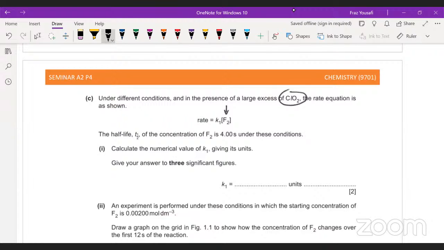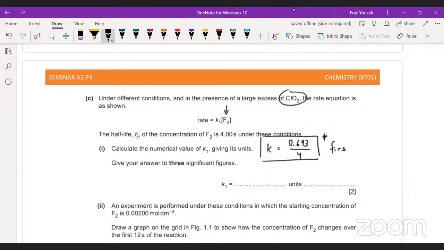Now, what do we need to do to solve this particular part? I want you to calculate the numerical value of K1 giving its units, and the way that we want you to determine the value of K is using this specific formula. Now, I tell my students, again, the derivation is not as important as your ability to understand.